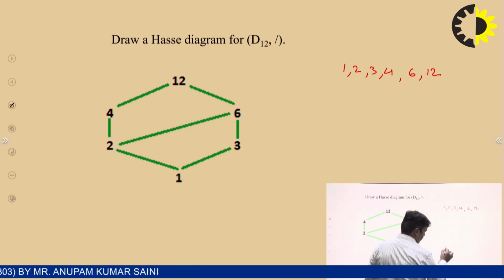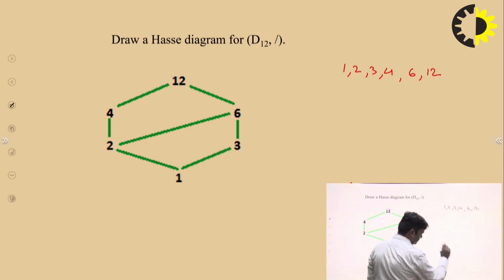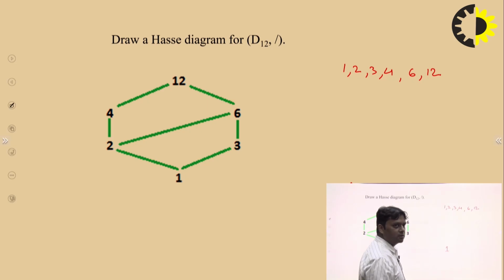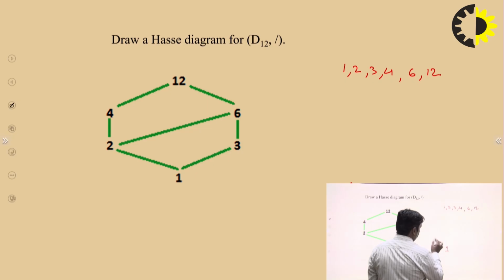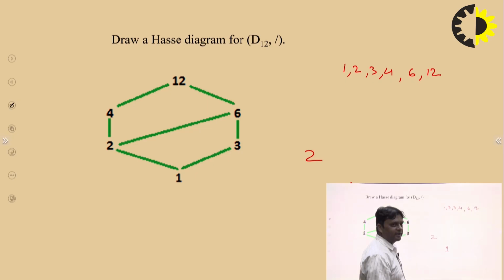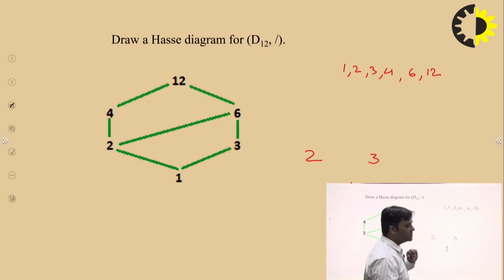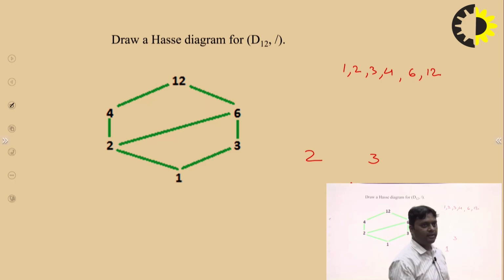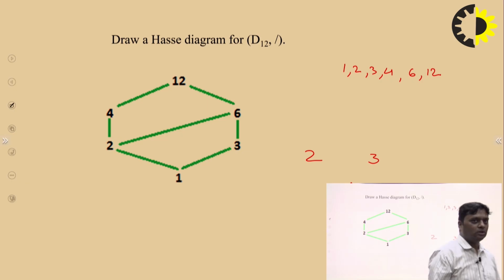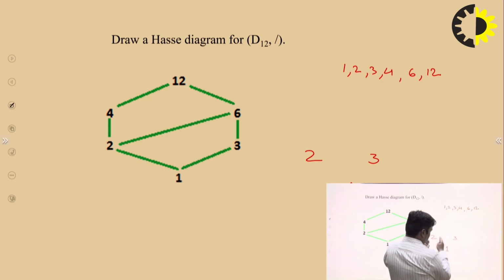We take the smallest element 1, then the upper element is 2, that is divisible by 1, and 3, that is divisible by 1 but not divisible by 2. So we take it as parallel.